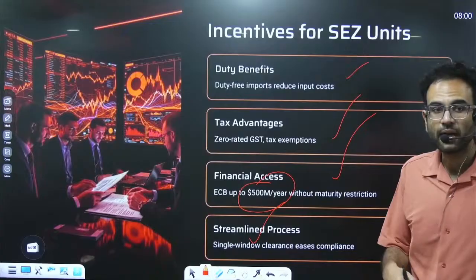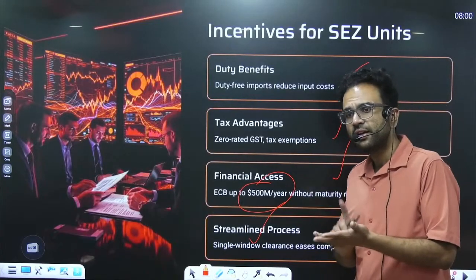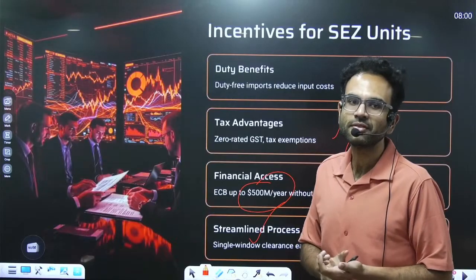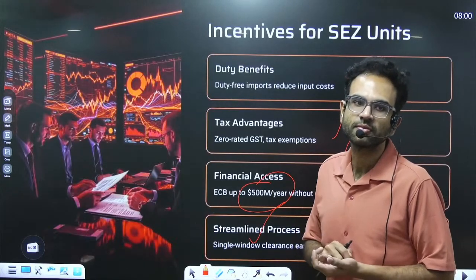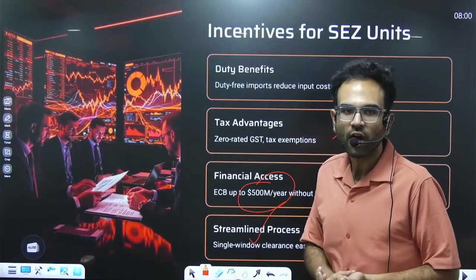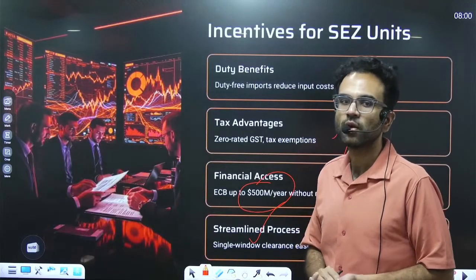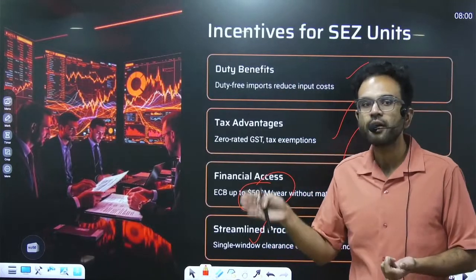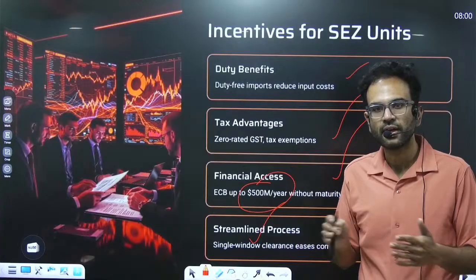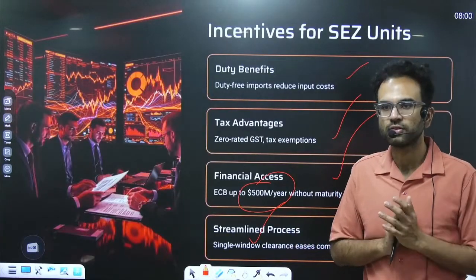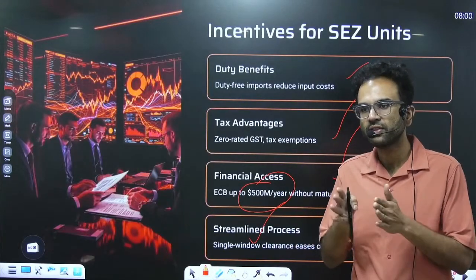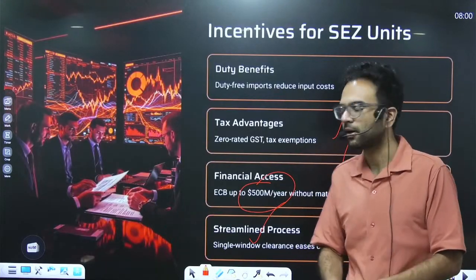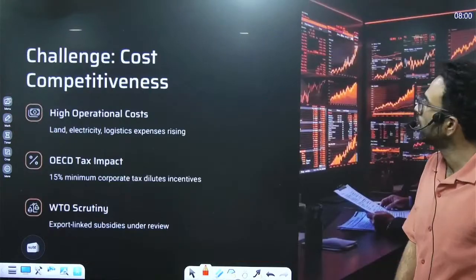You have streamlined processes. Single window clearance was available even before this. But the problem is, there were audits every 3 months. And when there is an audit, there is an inspection, then there is the possibility of harassment. That audit compliance is now eased. It is digitized or minimized. Human interface has reduced. So this will facilitate the companies to produce better.